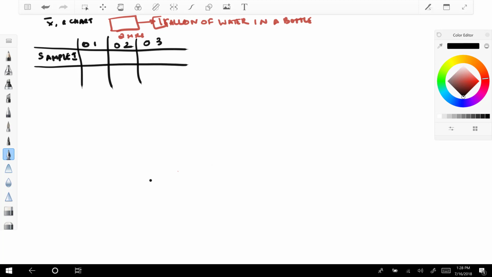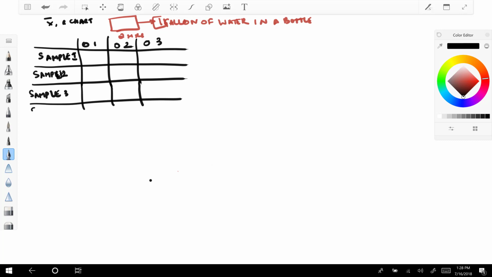At the end of the fourth hour we will take sample 2, at the end of the sixth hour we will take sample 3, and at the end of the 8th hour, sample 4.